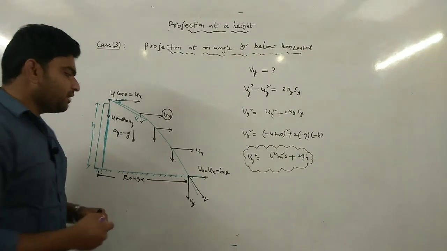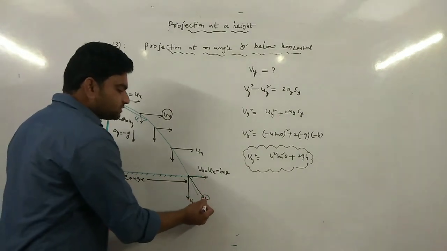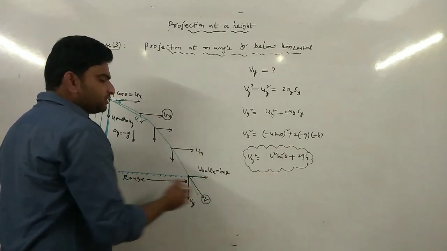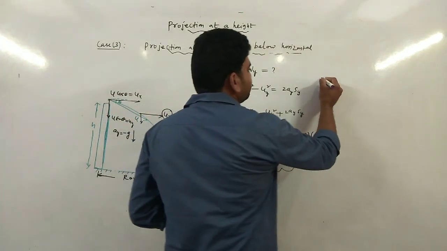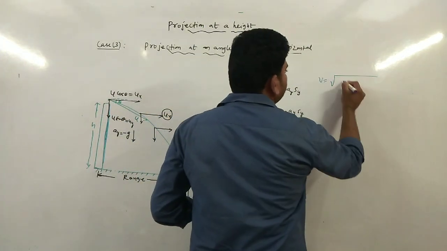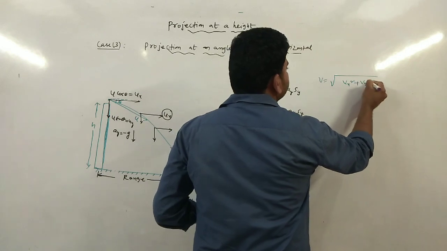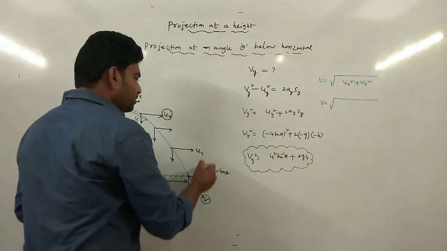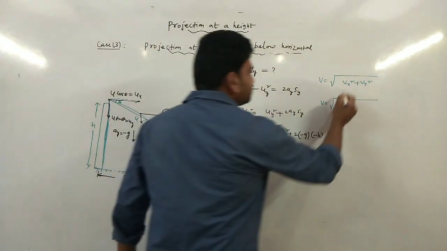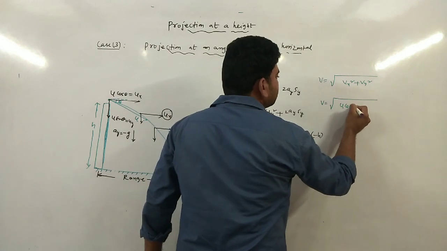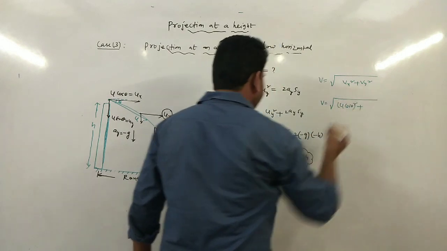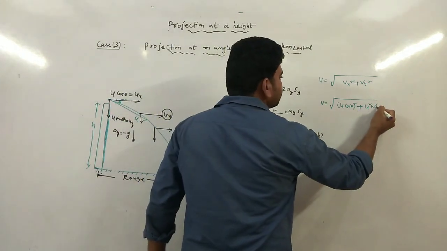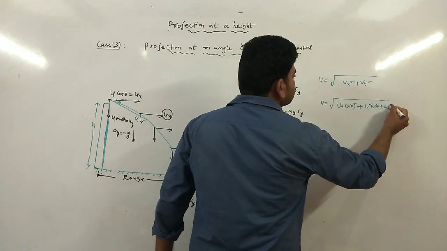And further I want to calculate the final velocity. To calculate the final velocity, we need to find the magnitude of velocity, that is we can find v as root over vx square plus vy square. What is the vx value? That is constant, that is u cos theta whole square, plus my vy square value, u square sin square theta plus 2gh.